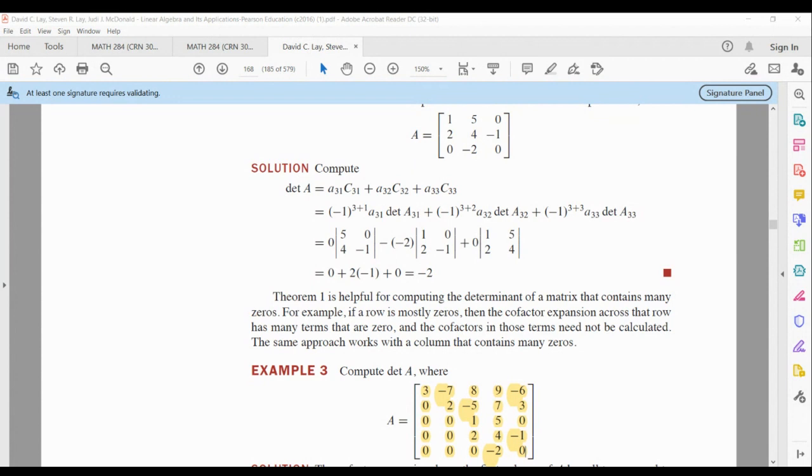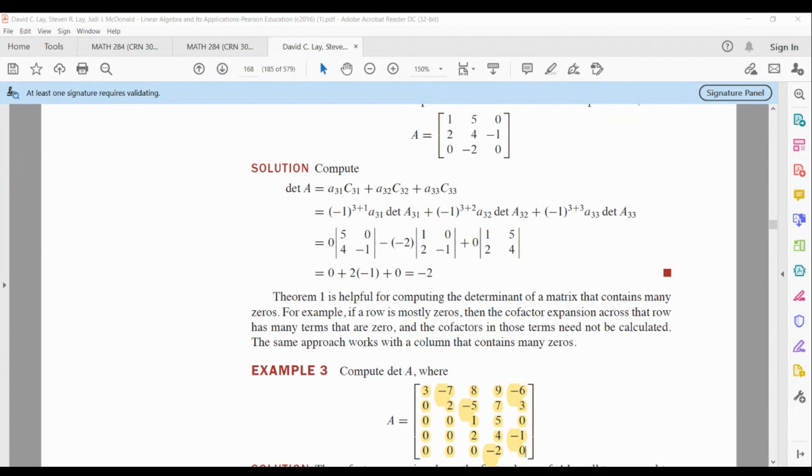What do you think? Eleni, good. And why do you like the first column, Eleni? Lots of zeros. Good, good.